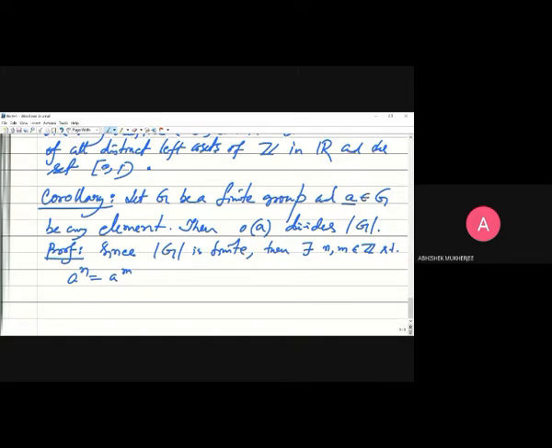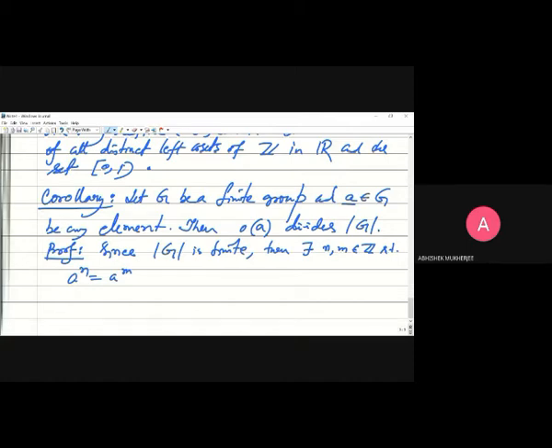Whenever you generate the cyclic subgroup by a, you get elements like a to the power n for n in Z. Since the number of elements of the group is finite, the number of elements of that subgroup is also finite. That means after some steps a to the power n will coincide with some a to the power m, so elements will be equal to each other, right?